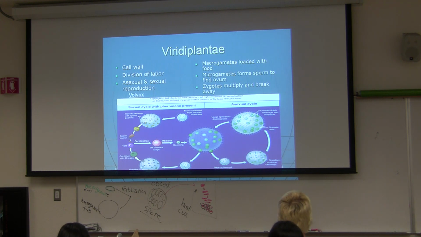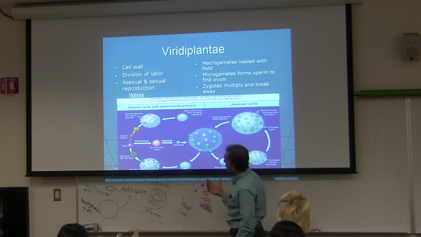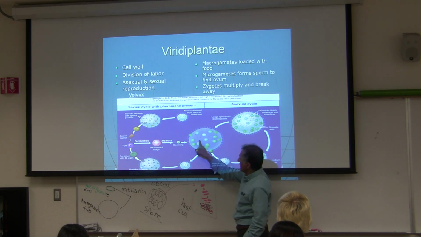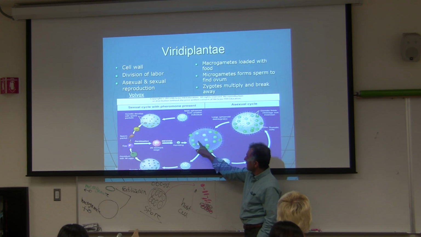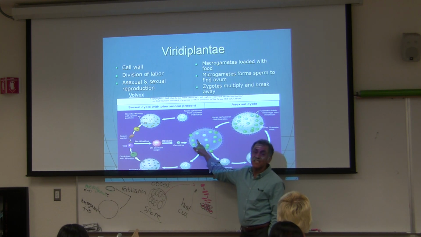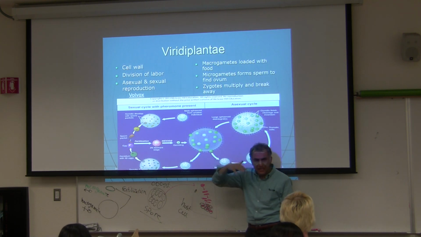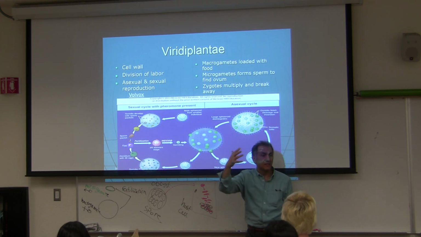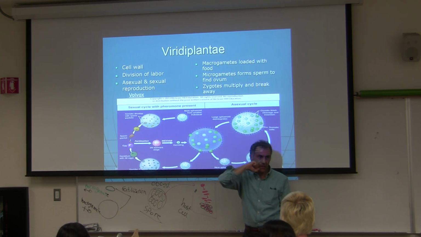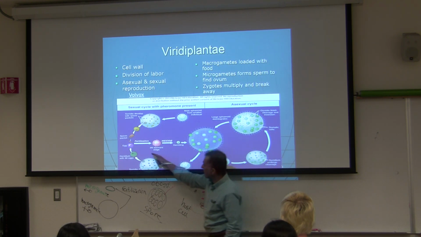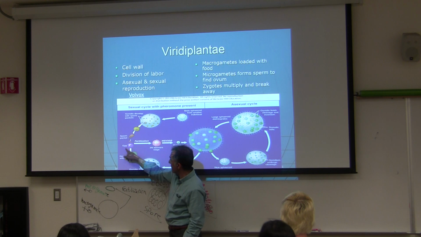So what happens? Volvox have a division of labor. What I mean by division of labor: these cells, you see the small dots, are called vegetative cells, and vegetative cells are responsible for photosynthesis. And then they have sperm and egg, and sperm and egg fertilize each other.